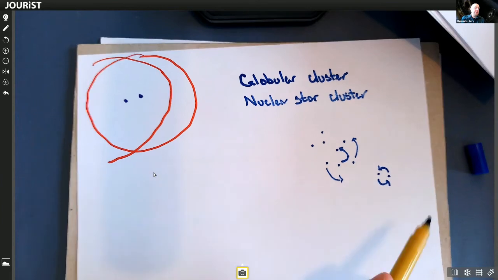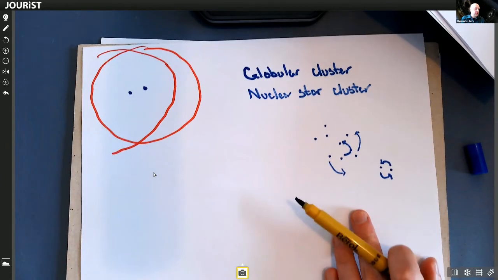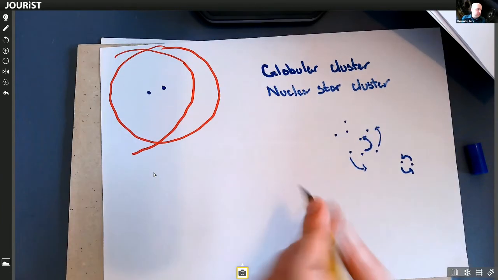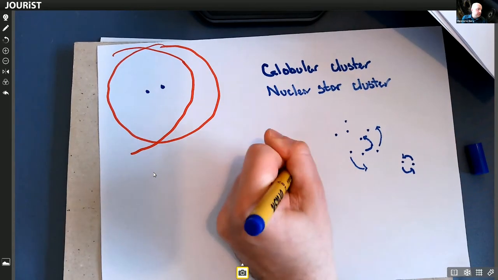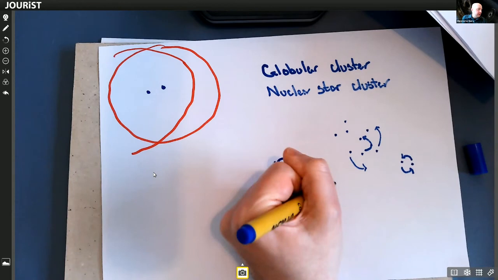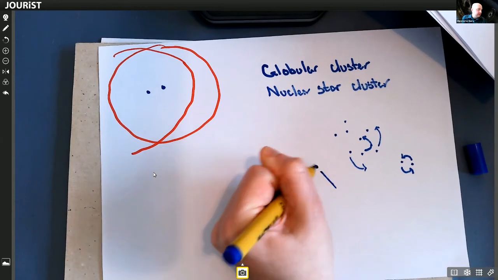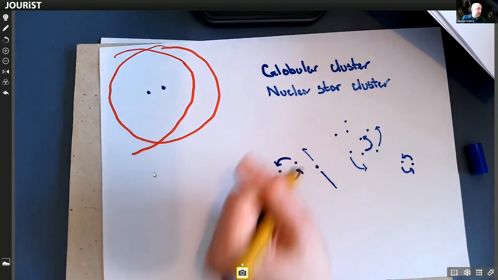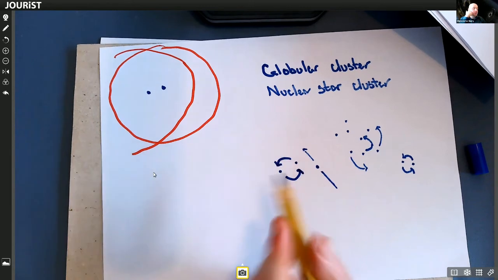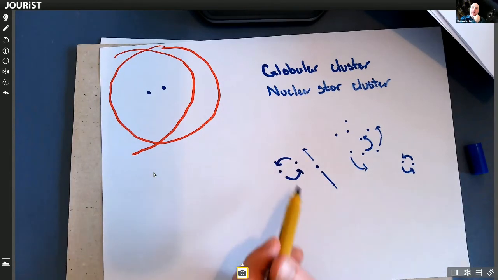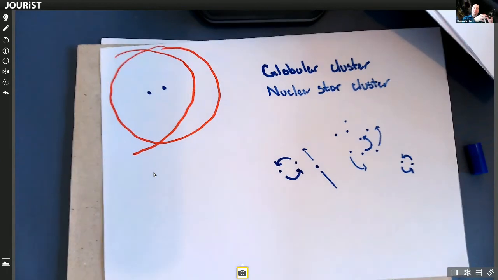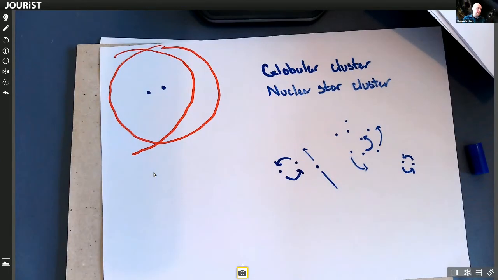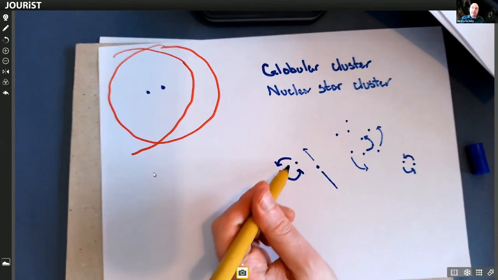And what is nice about the way gravitational interactions happen is that once you have a binary formed, so you have two objects orbiting each other, if another object comes past, that will have an interaction. And this tends to harden the binary if it is already quite tight. By harden, I mean extract energy and angular momentum, so the orbit shrinks.